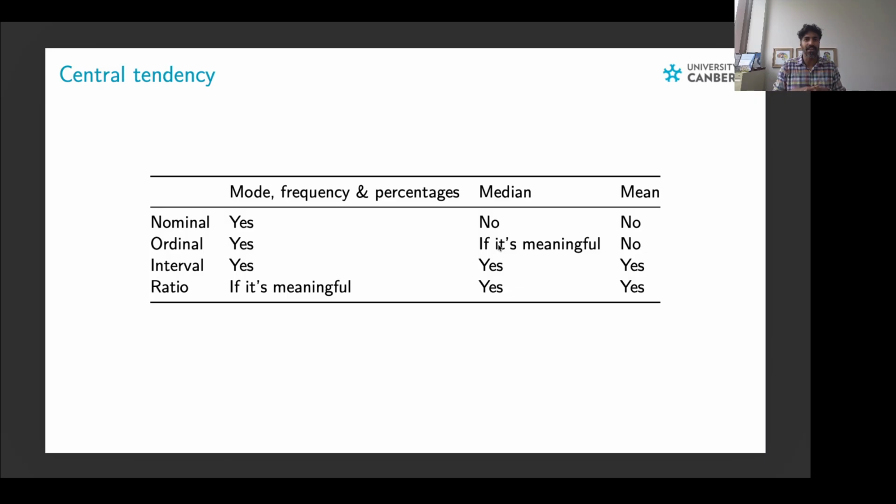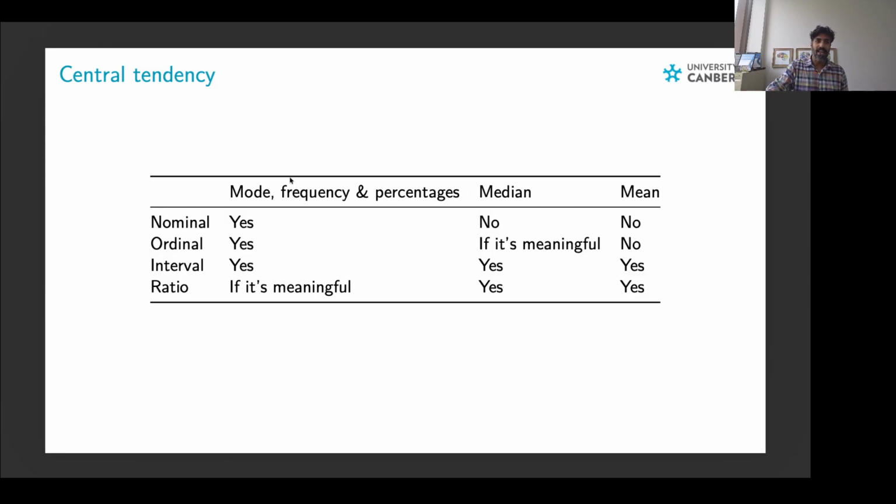But of course, for all of them, you can use mode, frequency, and percentages. For ratio, you can use the mode, frequency, and percentages if it's meaningful, but typically you'd be using the mean or the median to describe a ratio measure, similar to interval. But again, you could use mode, frequency, and percentages if you wish for an interval measure. But the mean you wouldn't be able to use for ordinal and nominal.